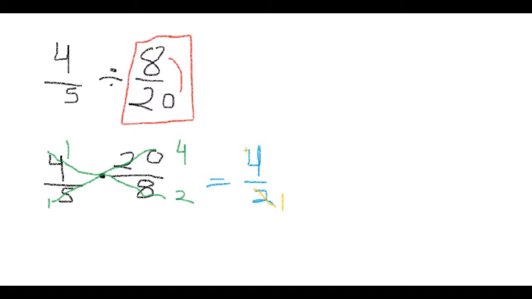So if we solve it, we get 4 over 2. Which, if we were to reduce that even, we know 2 goes into 4 one time, 2 goes into 2 one time, and 2 goes into 4 two times. So we get 2 over 1. So the answer is 2.